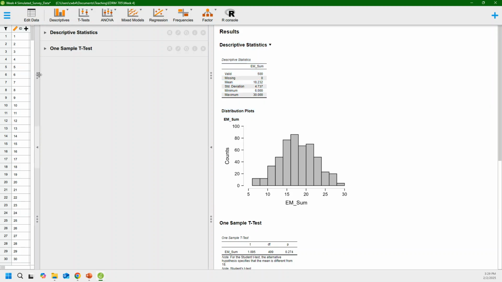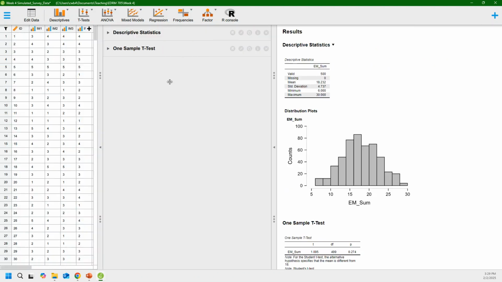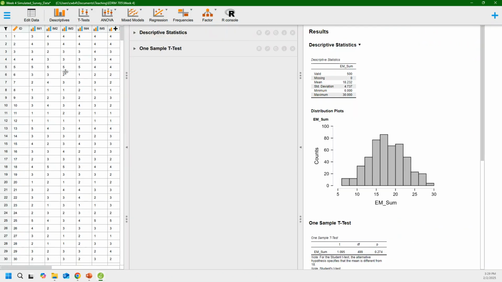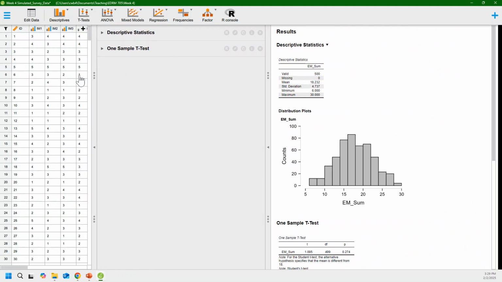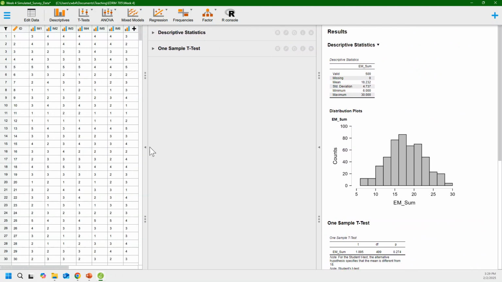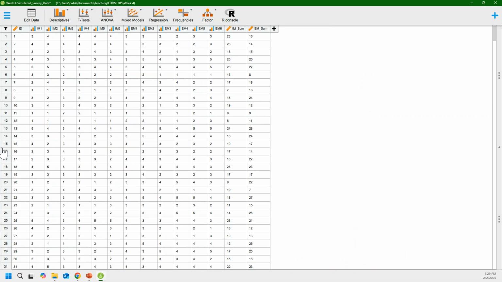These three dots mean that if you ever don't see your data or want to see your data and you have this menu open, you can use these three dots to move things, or you can use this arrow here to make that full screen or bigger, and then you can use this arrow here to show your data. All right. I already have my data, and remember we're focusing on this column here, the EM sum.